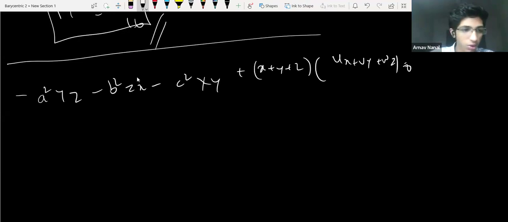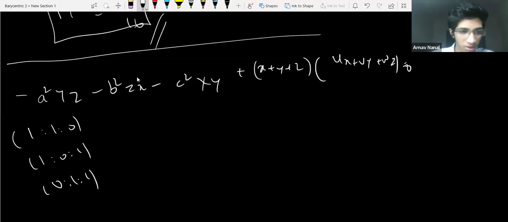Note that the incircle passes through the midpoints, so it will be 1 is to 1 is to 0, 1 is to 0 is to 1, and 0 is to 1 is to 1. So you will get equations like this.